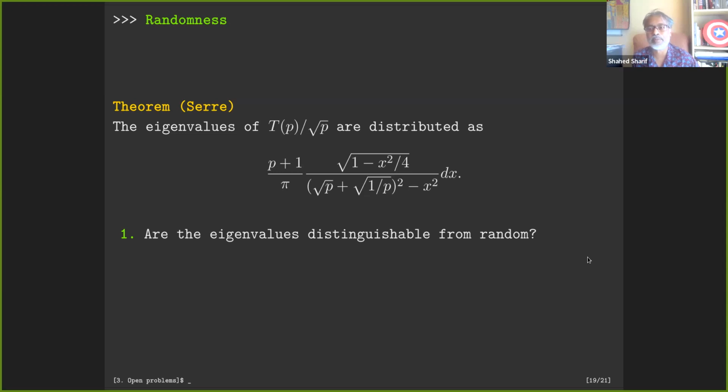If you let capital N be really large and you pick a small prime p, and then I take just a few of the eigenvalues of T_p, so polynomial in log N, and then I also give you some random numbers that follow the same distribution that the theorem describes, can you tell them apart? And hopefully the answer is no, but I have no idea.